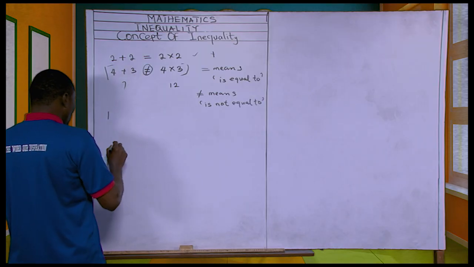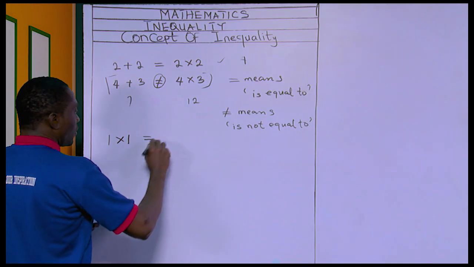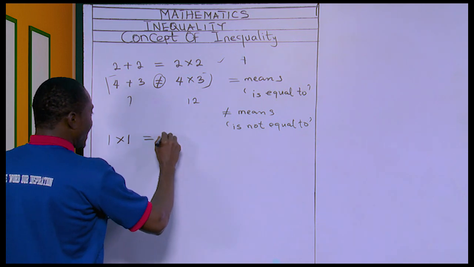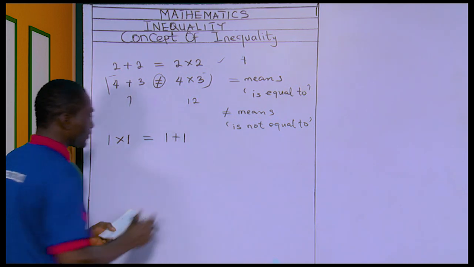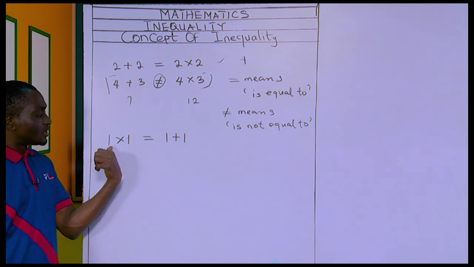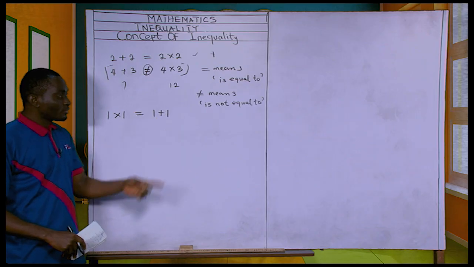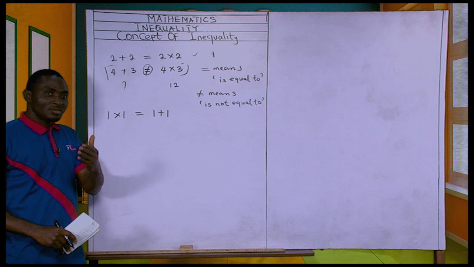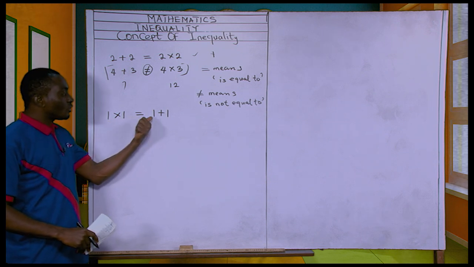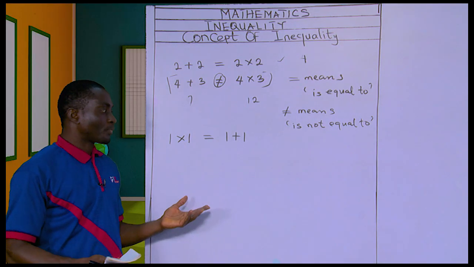Let's say we have 1 multiplied by 1. What do we see with this 1 multiplied by 1 and 1 plus 1? I'm asking you a question. Is 1 multiplied by 1 equal to 1 plus 1? No. Why?